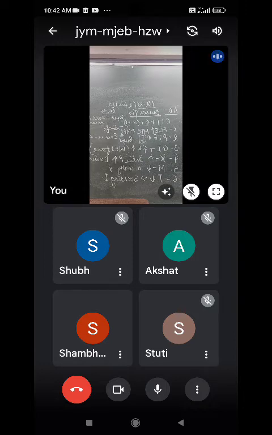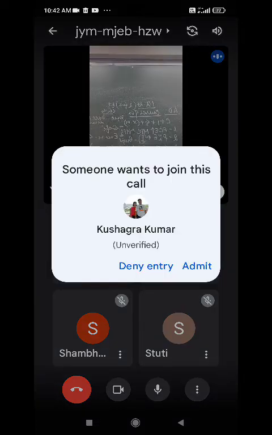Okay. Stuti, exports are increased, but why is there an increase in exports? Stuti, next one. What about imports?